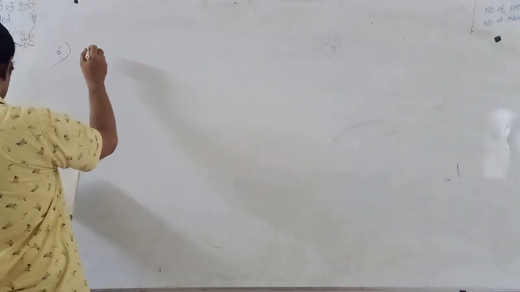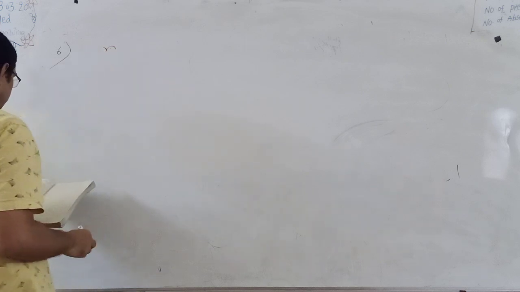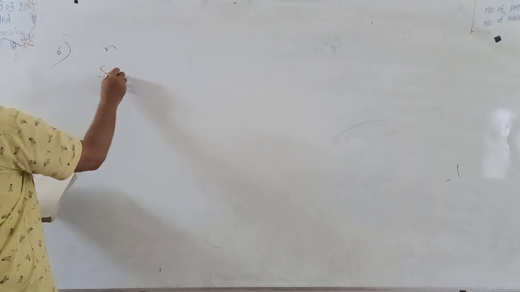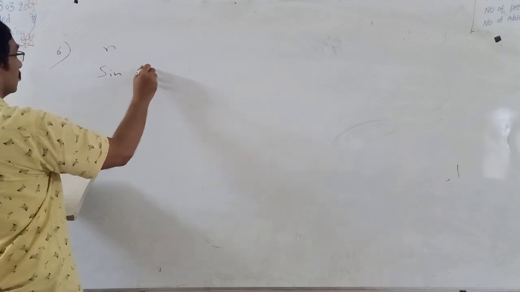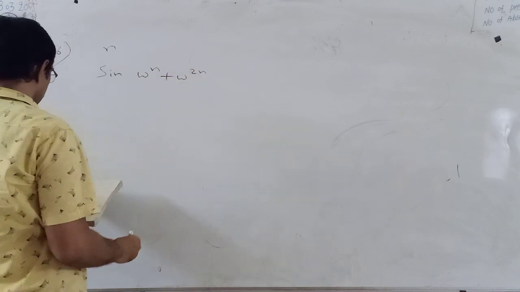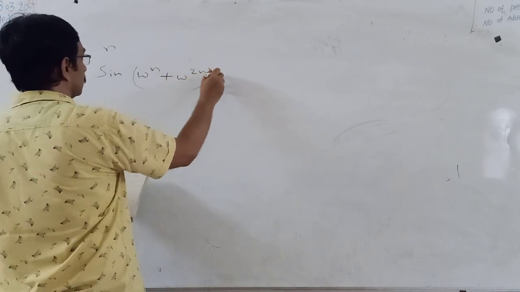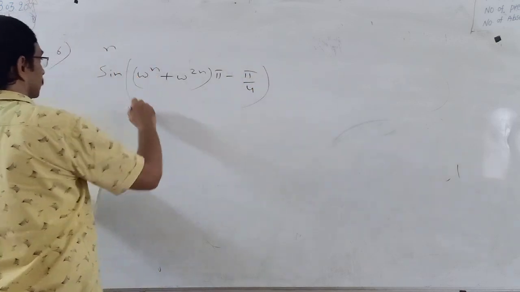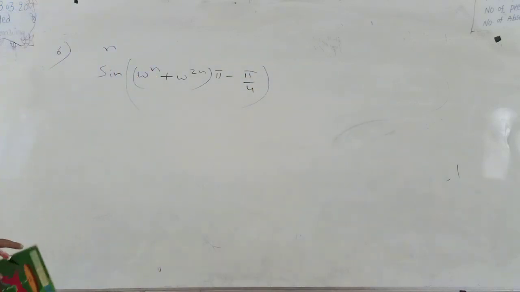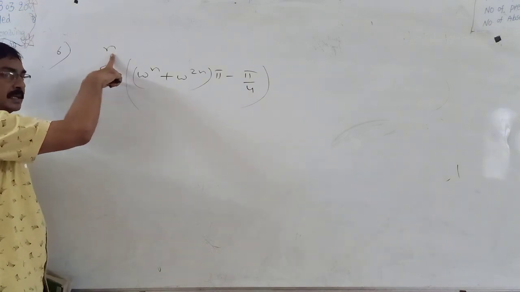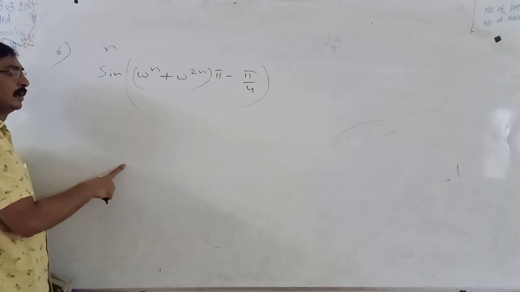Next problem. If n is not a multiple of 3, then find the value of sin of (omega power n plus omega power 2n) into pi minus pi by 4. n is not a multiple of 3 means n is not equal to 3, 6, 9, 12 and so on.